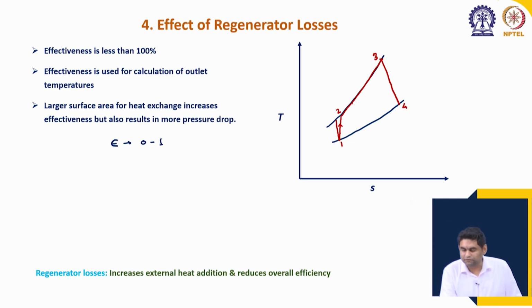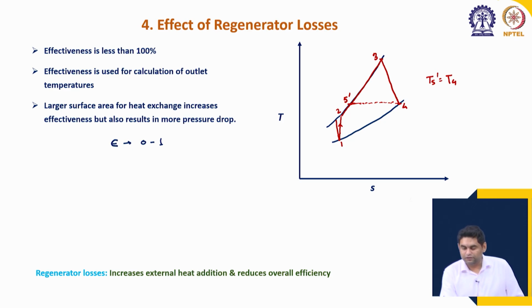The maximum theoretically possible temperature is, let us say, 5 dash, which is equal to T4. That is dictated by the temperature at the turbine exit, because that is the maximum temperature of the exhaust gases. We cannot heat the air beyond the temperature of the exhaust gases, because exhaust gases are the source of heat.